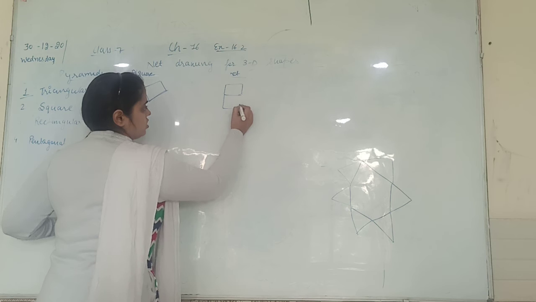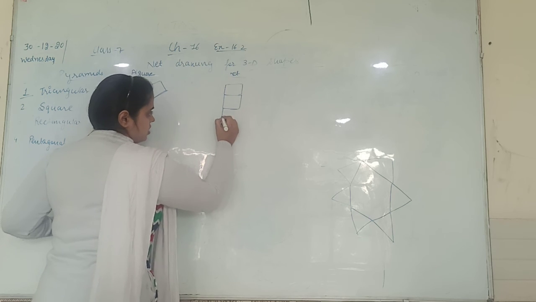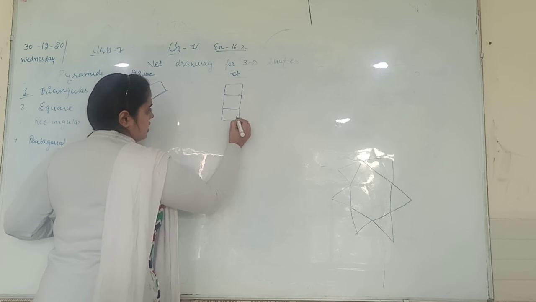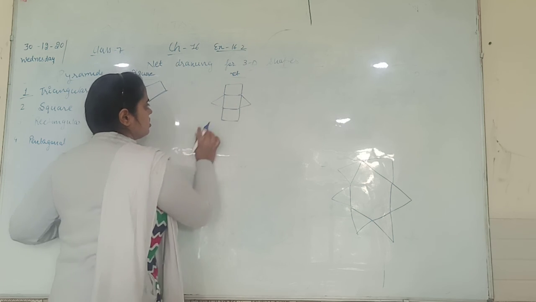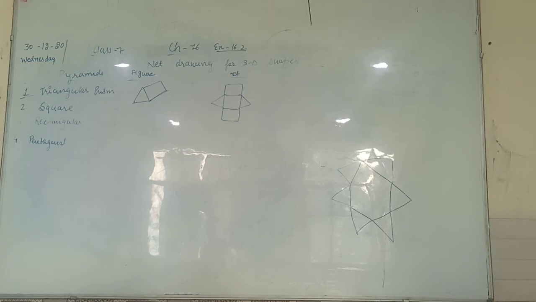So draw 3 rectangles, and then at last in the middle one what comes? Triangle, because these have what? Triangle at the starting and at the back.